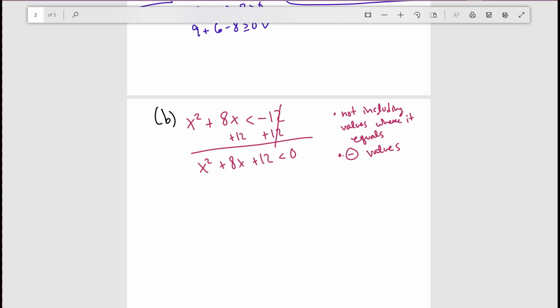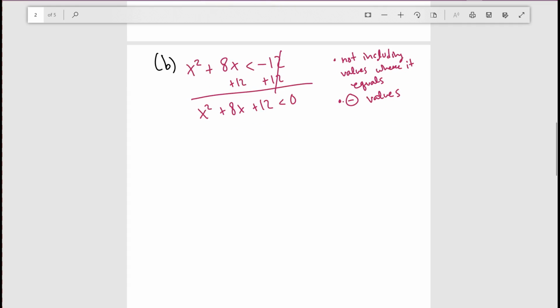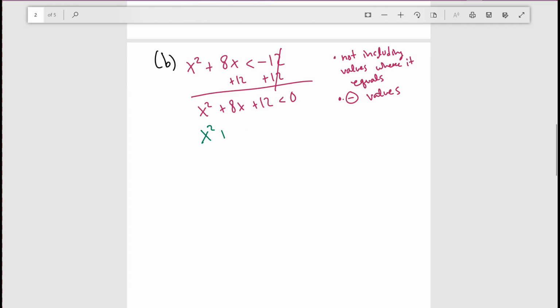All right, so now the first thing that we want to do is solve this just like we would a regular equation. So we're going to have x squared plus 8x plus 12 equals 0. And now let's solve this. So this is just going to be x and x, and then 6 and 2, because 6 times 2 gives me 12 and 6 plus 2 gives me 8.